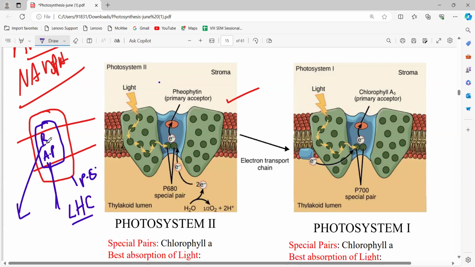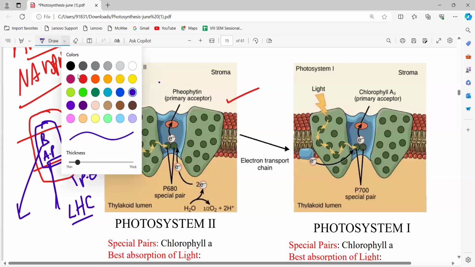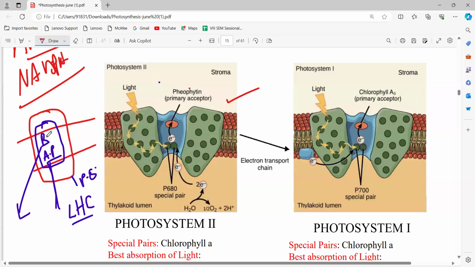Inside the LHC, reaction center and antenna pigments are present. Every student commonly knows that the reaction center always contains chlorophyll, nothing else. And remember, antenna pigments always contain chlorophyll B mostly, then carotenoids, then xanthophylls. Don't get confused with the point.